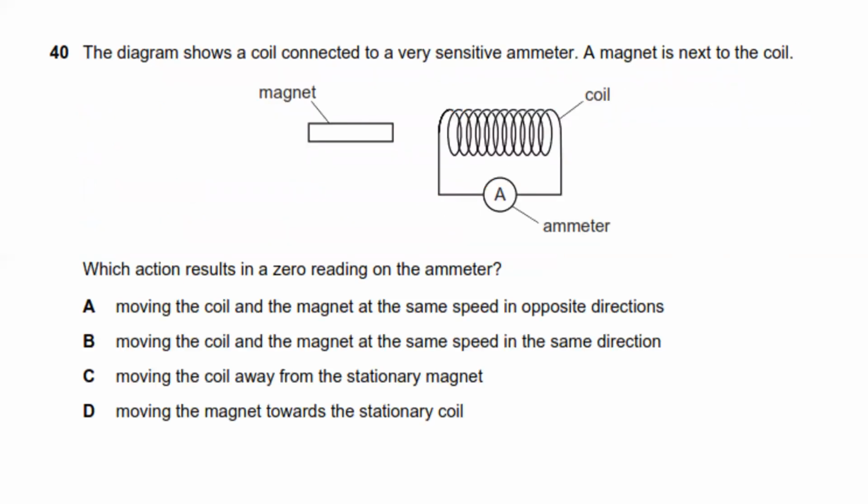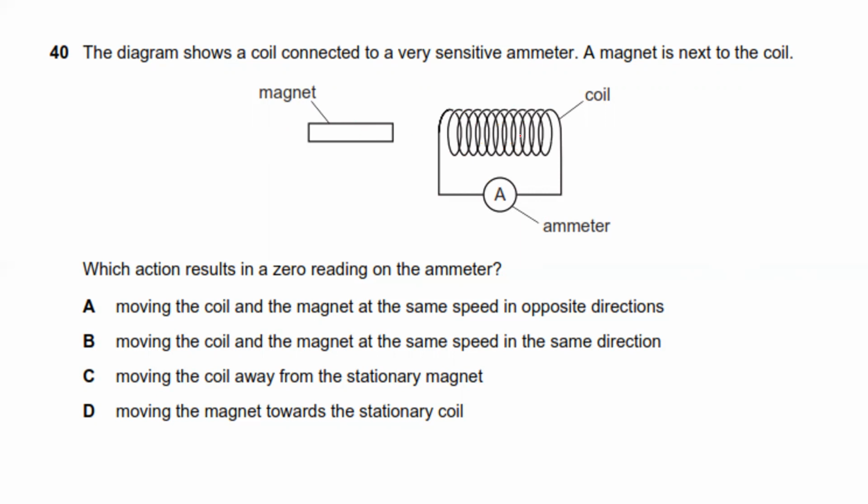Next question, or the last question for this exam, question number 40. It says the diagram shows a coil connected to a very sensitive ammeter. The magnet is next to a coil. Which action results in zero reading on the ammeter? So remember, if the magnet is moved towards the coil or away from the coil, keeping the coil stationary, it will change the reading on the ammeter.